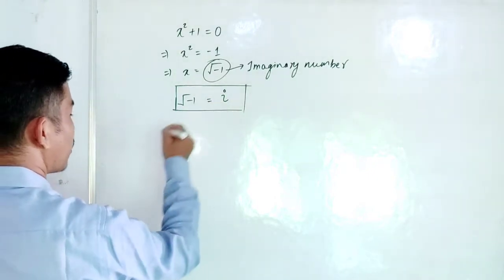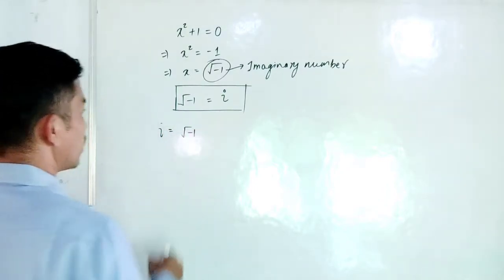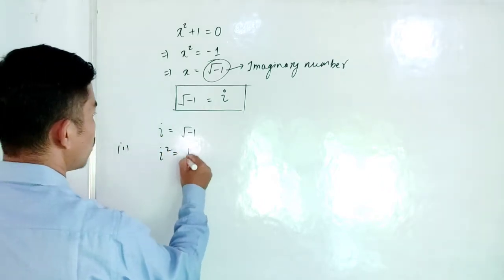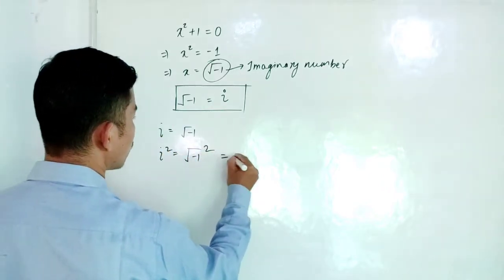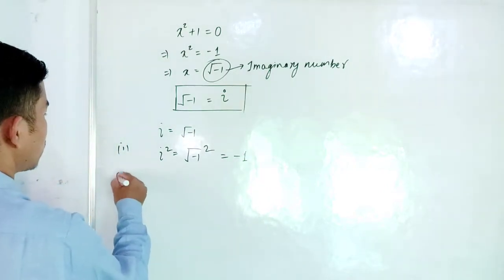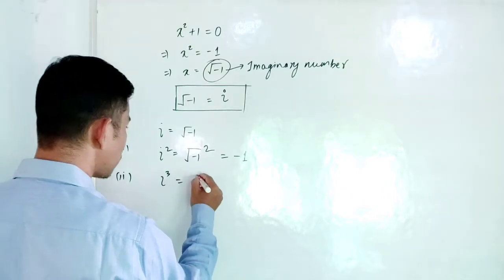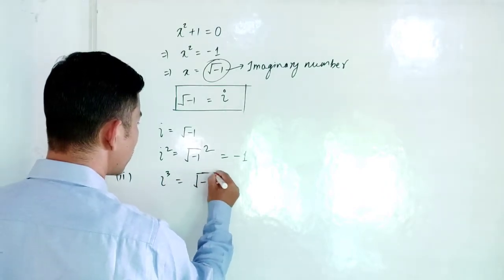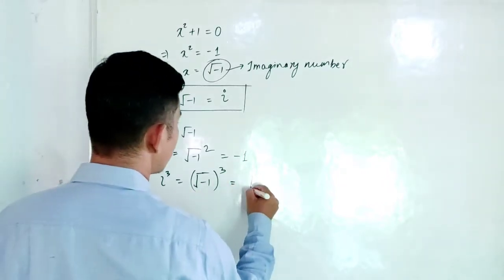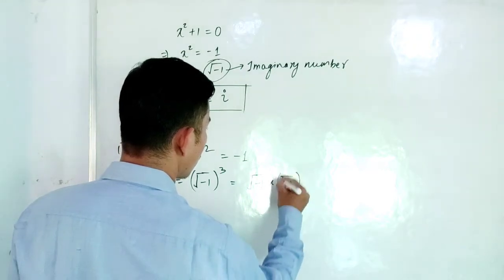I already know that i is equal to under root of minus 1. First, if I square it, i square will be equal to under root of minus 1 whole square, so the value gives me minus 1. Second, if I cube it, i to the power 3 will be equal to under root of minus 1 to the power 3, or I can simply write it as under root of minus 1 into under root of minus 1 whole square.